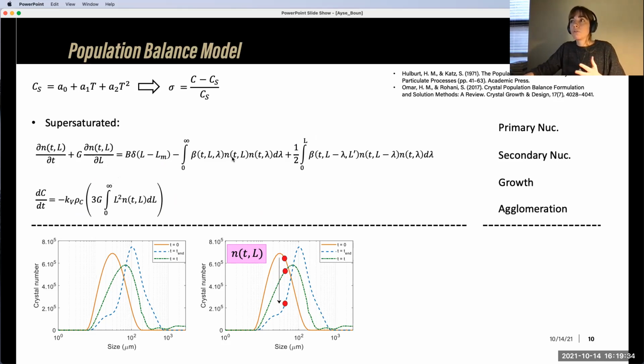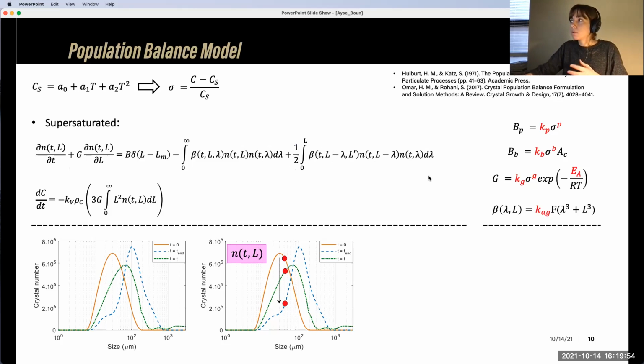And these are the equations that define the events happening in the crystallizer, like nucleation, crystal formation, the disappearance of smaller crystals due to agglomeration as they start forming larger crystals, and the appearance of larger crystals due to agglomeration. And the change with respect to length happens with crystal growth, which is G. And all these equations are empirical.